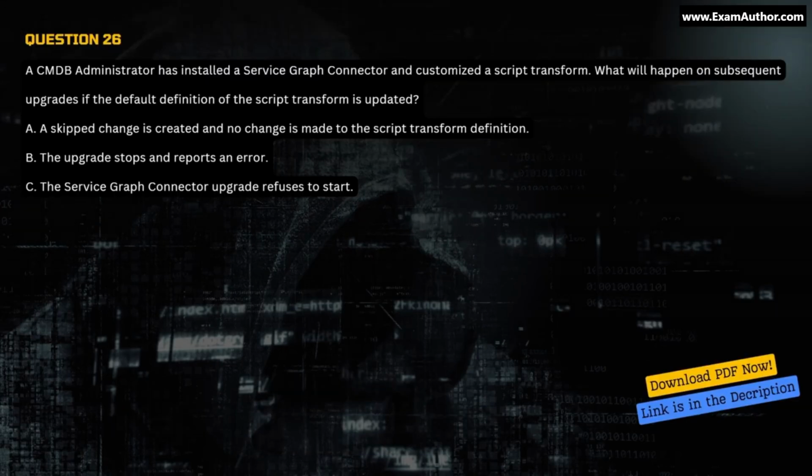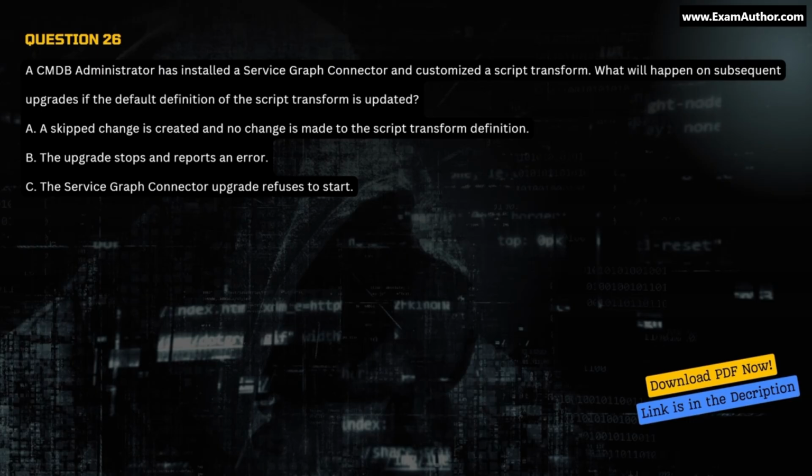Question 26. A CMDB administrator has installed a service graph connector and customized a script transform. What will happen on subsequent upgrades if the default definition of the script transform is updated? A. A skip change is created and no change is made to the script transform definition. B. The upgrade stops and reports an error.